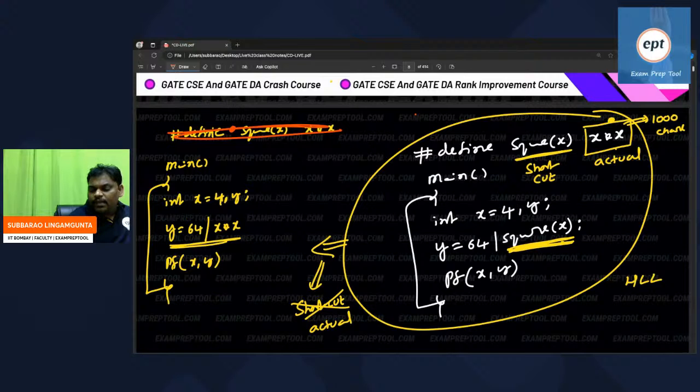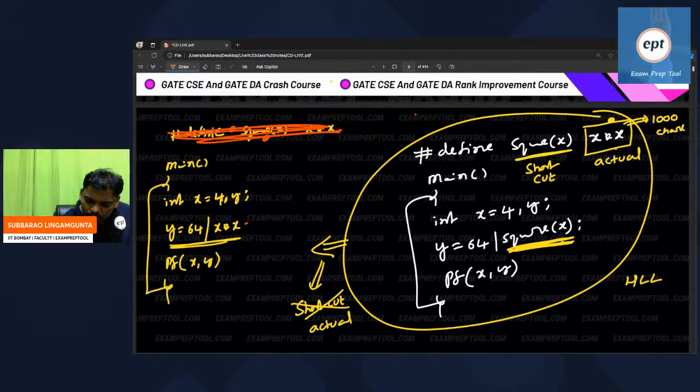Whenever you replace shortcut by actual, what is the need of this? It will delete also. Not only replacing, it will delete unnecessary things. Because you already replaced shortcut by actual, it is not required. So after replacing, it will delete.